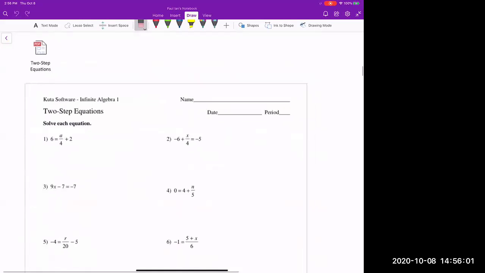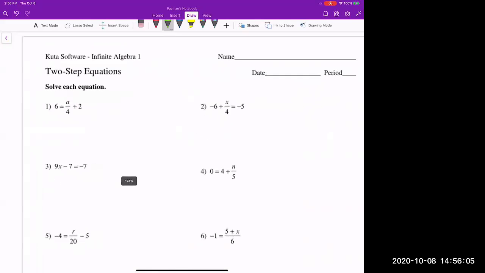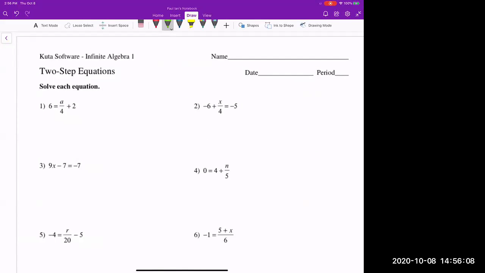Two-step equations. So let's see. This can go multiple steps. It doesn't have to be two. There are multi-steps. Let's take a look at this one. In all of these you have to solve for the variable, whatever the variable is. What do you do first?